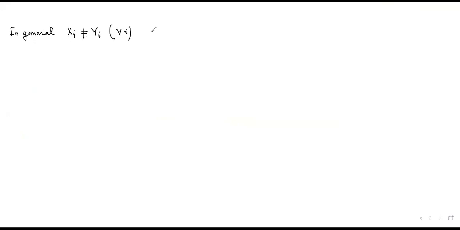Since they are not the same, we assume that capital Di is the deviation between the ranks xi and yi for the ith individual. So Di is given by xi minus yi.